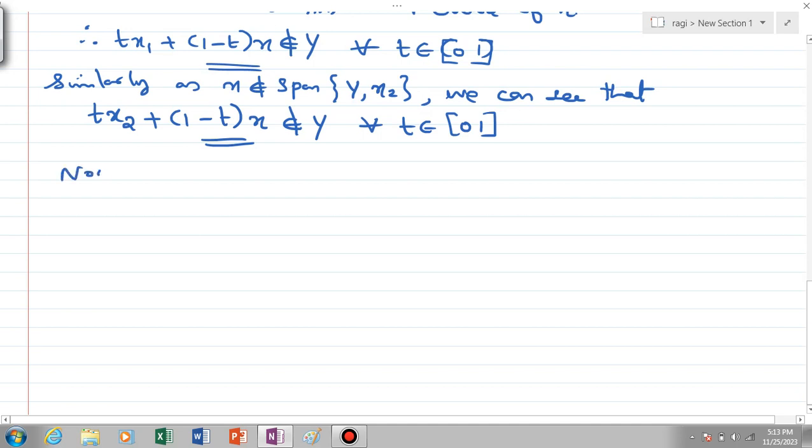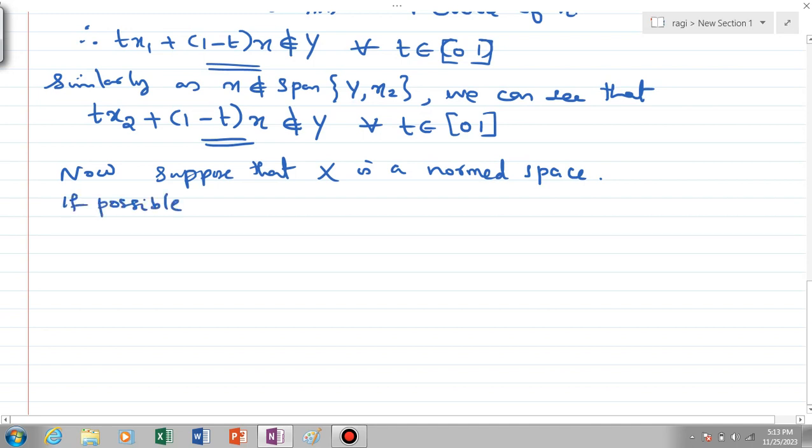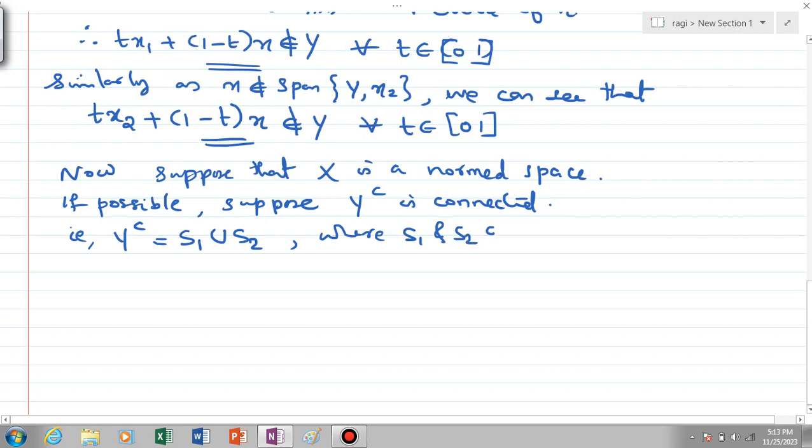Suppose that X is a normal space, and if possible, suppose that Y complement is connected, that is, Y complement can be represented as a union of S1 and S2, where S1 and S2 are disjoint, non-empty, open subsets of Y complement.